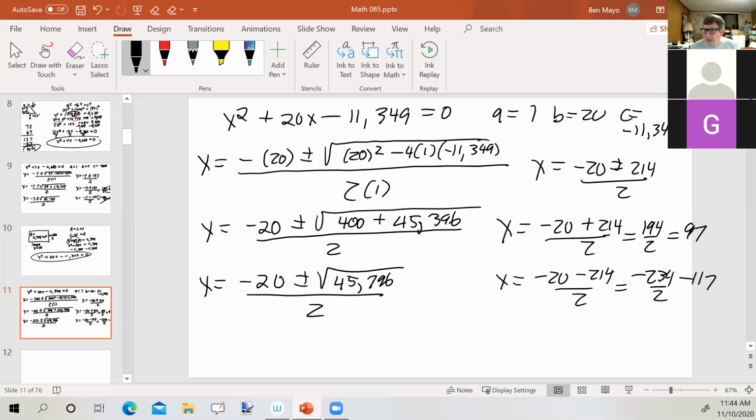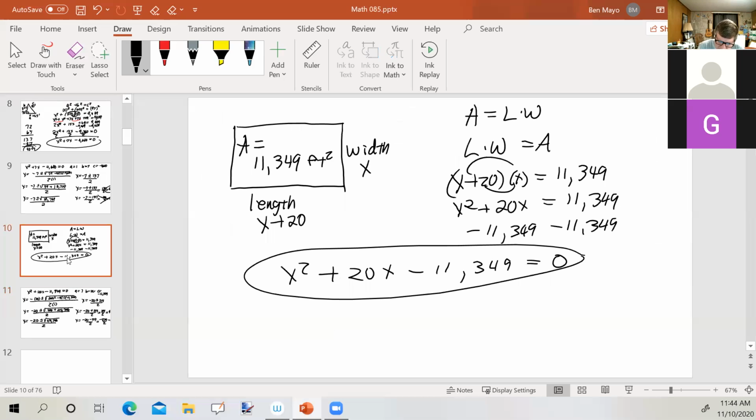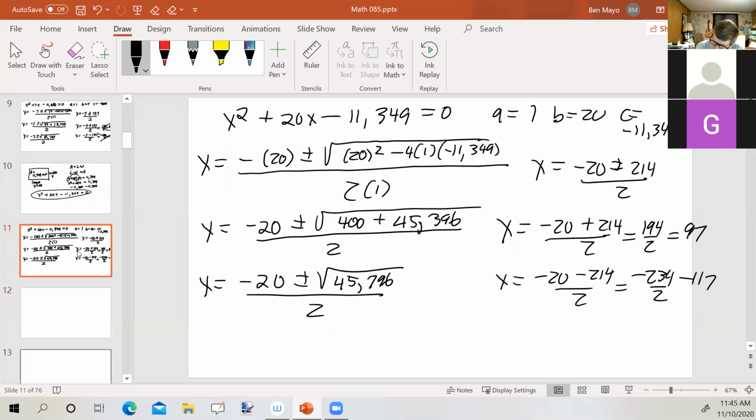Now, again, the negative answer is a solution to the equation, but because we're dealing with length, distance, width, whatever, this solution is not valid, okay? We can have equations where negative answers are correct, but when we're dealing with distance or length or time, negative answers don't work. So we've got X is 97.